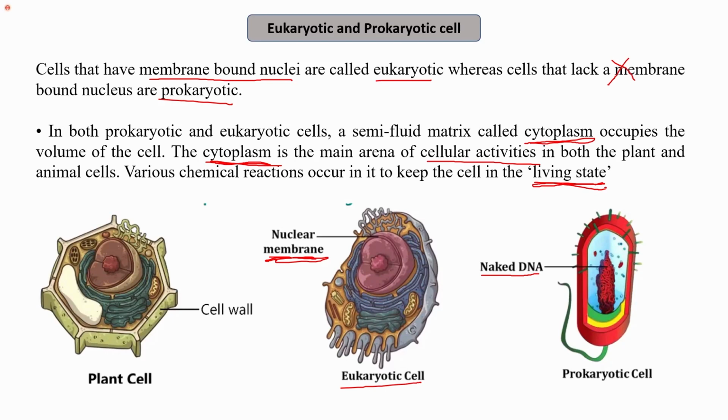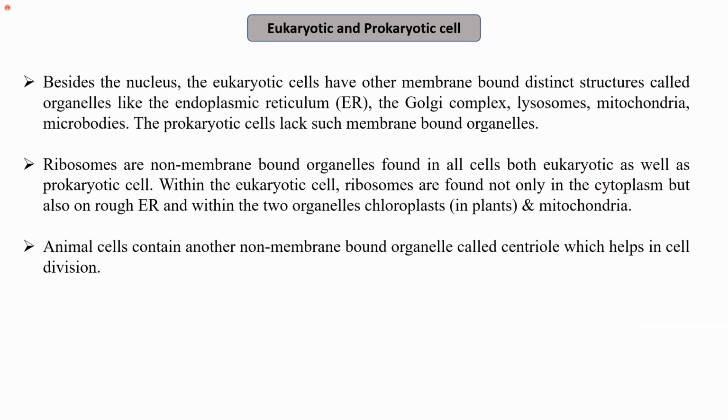So this was a brief introduction of eukaryotic and prokaryotic cells, the basis of which is the membrane-bound organelles. Besides the nucleus, eukaryotic cells have other membrane-bound organelles. This point is really important: membrane-bound distinct structures called organelles, like ER, Golgi complex, lysosome, mitochondria, and microbodies, are present.